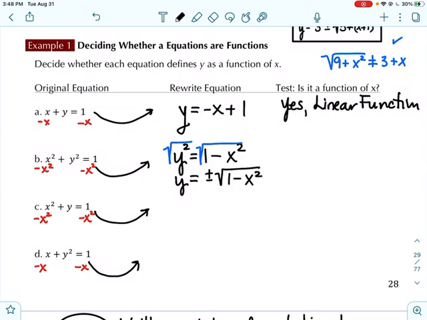So you notice that for each input x, we have two outputs for y. So this one would be no. And we can say it simply. We don't have to say it in very strong collegiate words. No, each x is assigned two y values.